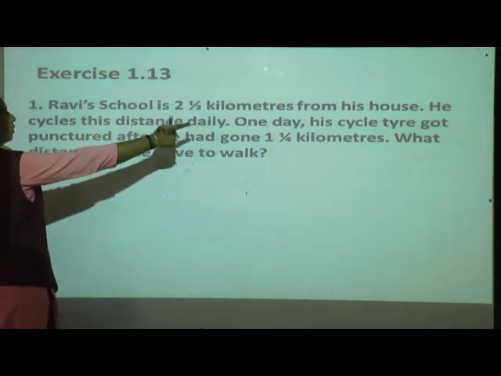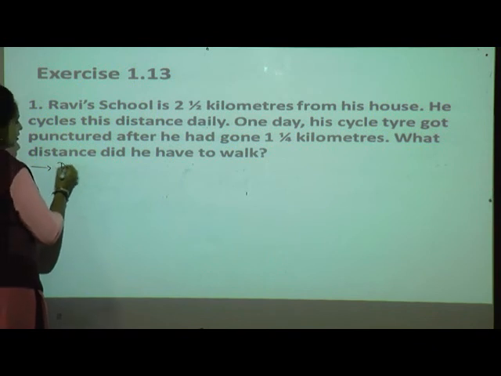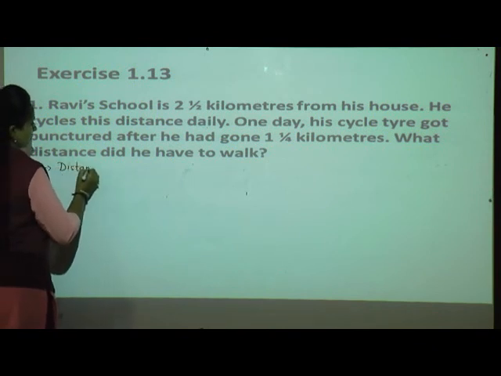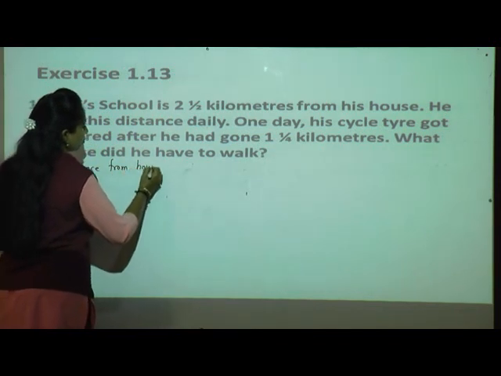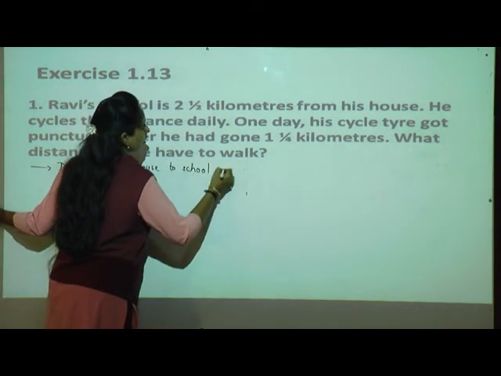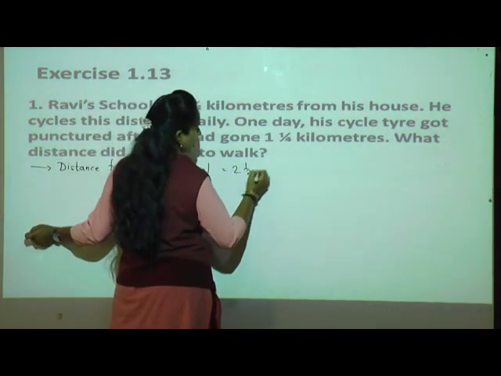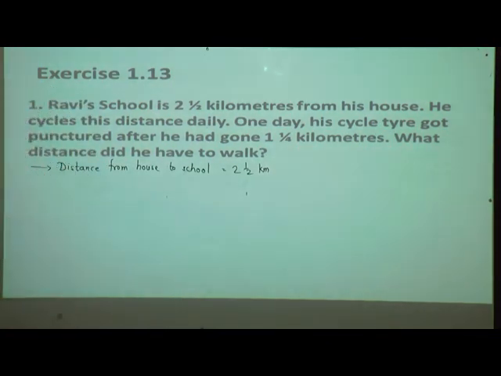See, Ravi's school is 2.5 kilometers from his house. Distance from house to school, how much is it? 2.5 kilometers. Okay, and the next, what had they given?